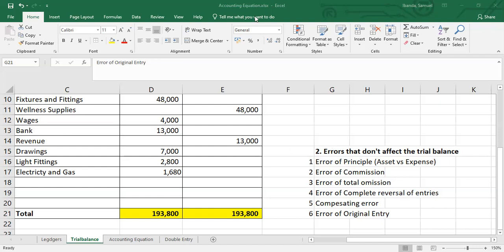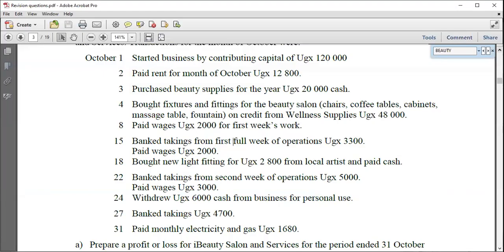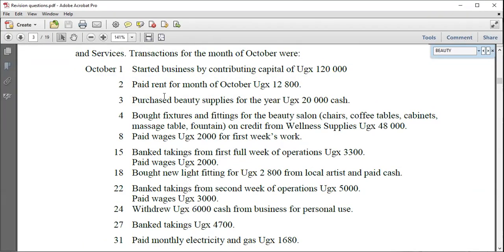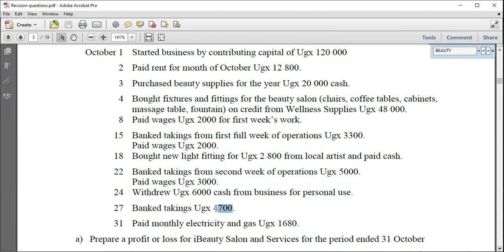You get it? Now, for example, for this question that we have here, let me use something different. Maybe this one of monthly electricity and gas.